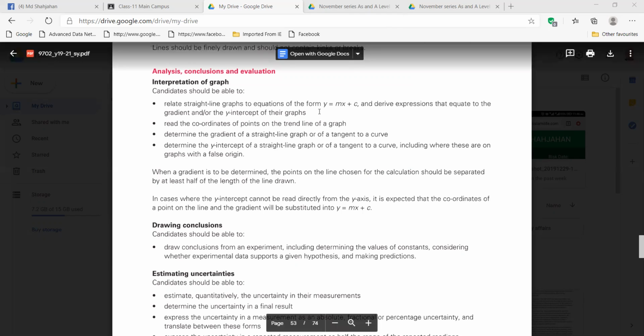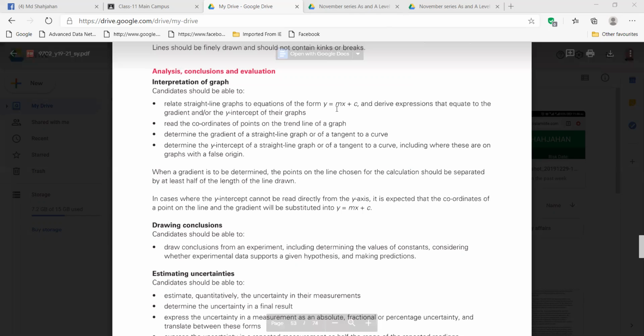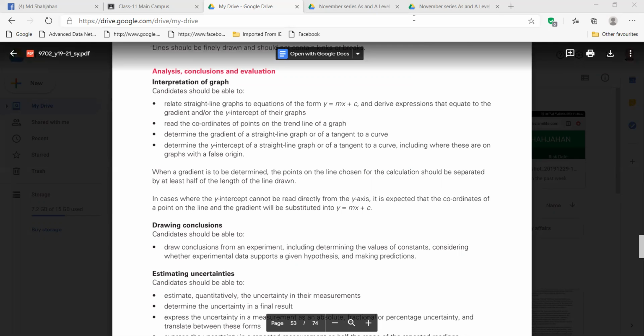So this straight line equation, you understand all these things, right? What is y, what is m, what is x, and what is c? Do you understand all of them? Yes, sir. So which one is what? M is the gradient.